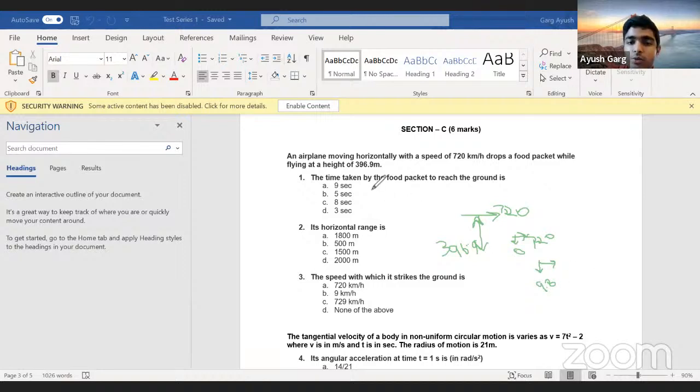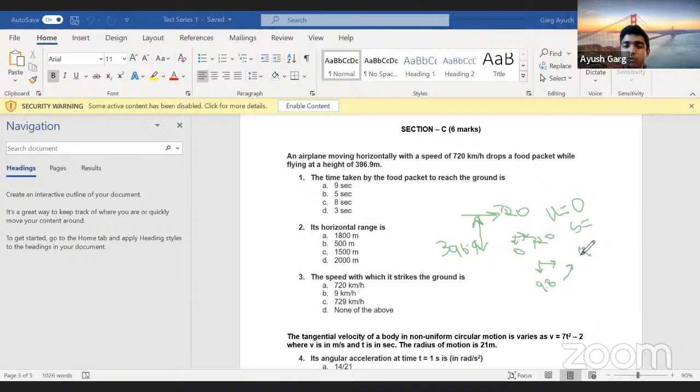So the time taken by the food packet to reach the ground: if you look at the vertical motion, your u is equal to zero. How much distance does it have to cover to reach the ground? 396.9. So s is equal to 396.9. Okay. And a is equal to 9.8 meters per second square.